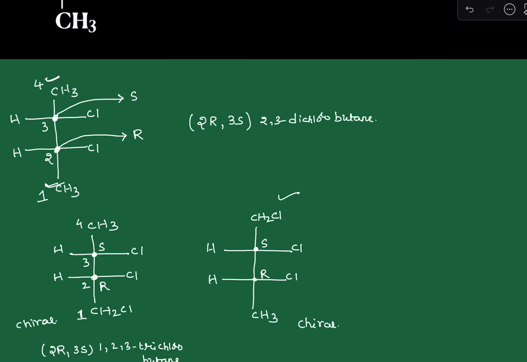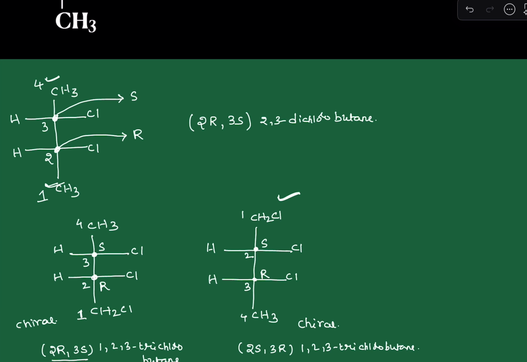And if you see the IUPAC name of this compound, here this is the first carbon, this is second carbon, third and fourth. I took the least locant rule into consideration. And this particular compound is 2S, 3R, 1,2,3-trichlorobutane. Now, they are definitely not the same.